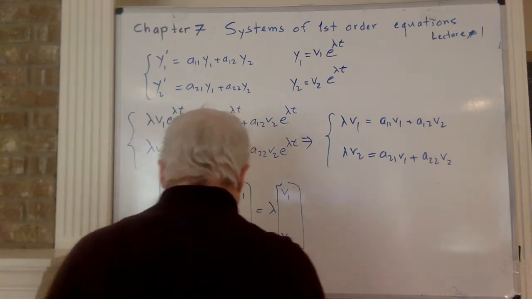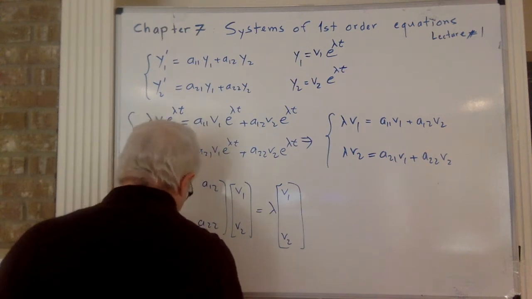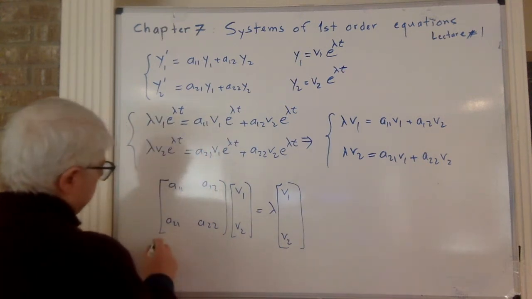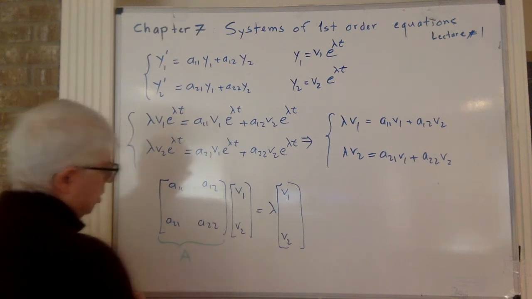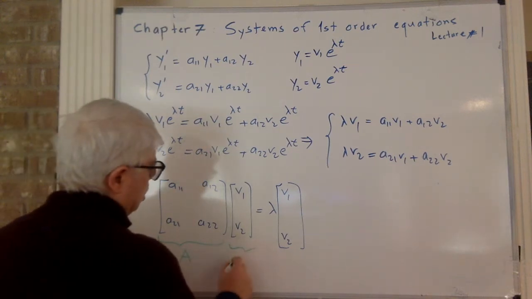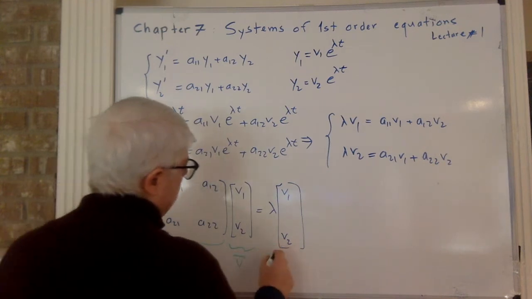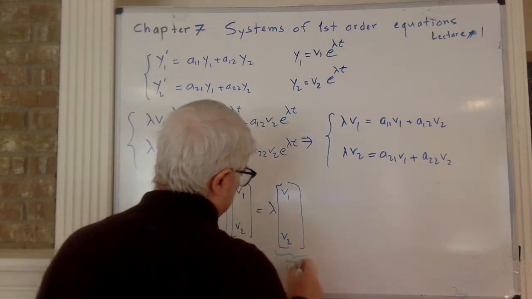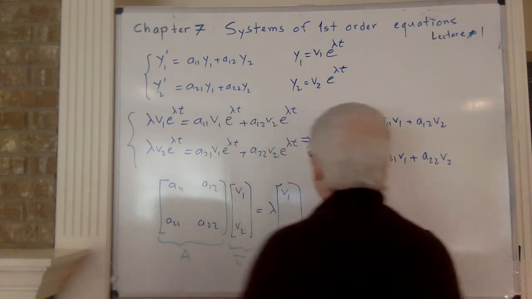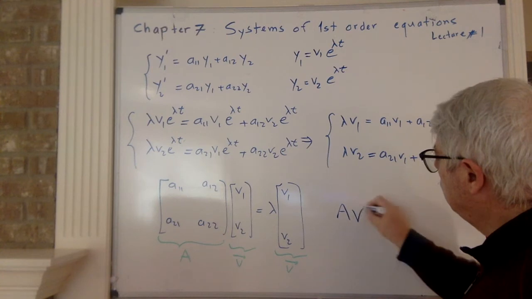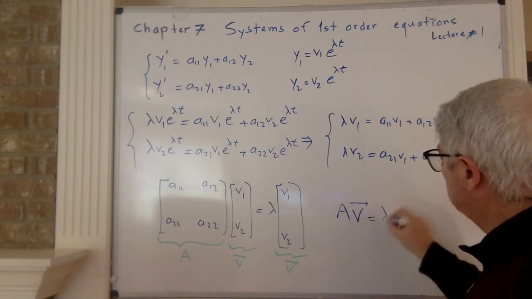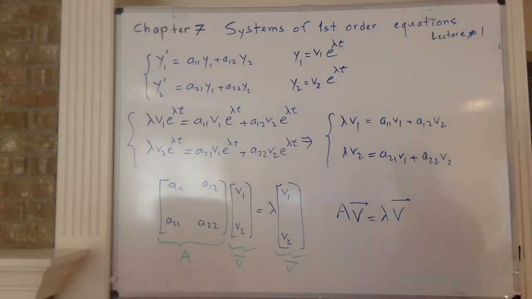If I use A for the matrix and V for the vector, the equation in fact becomes A V equals lambda V.